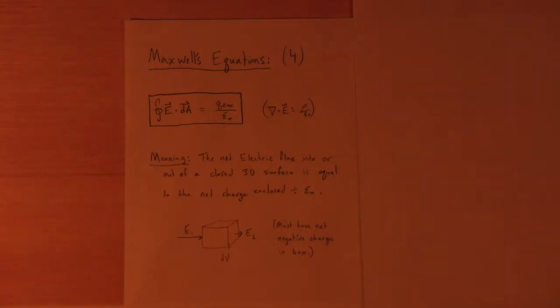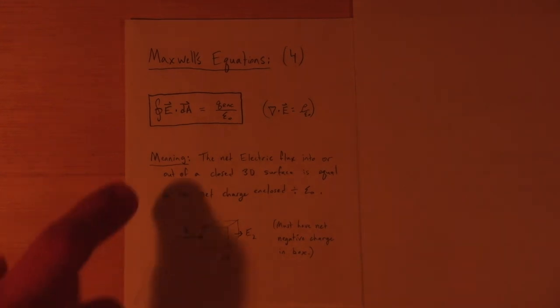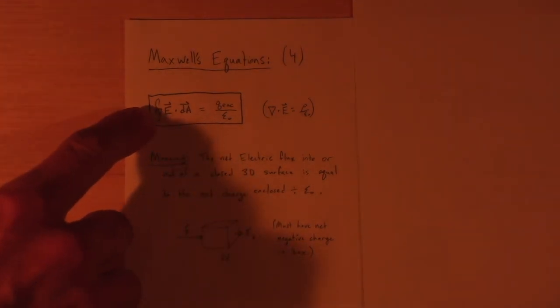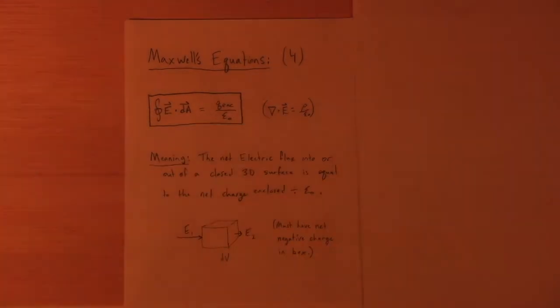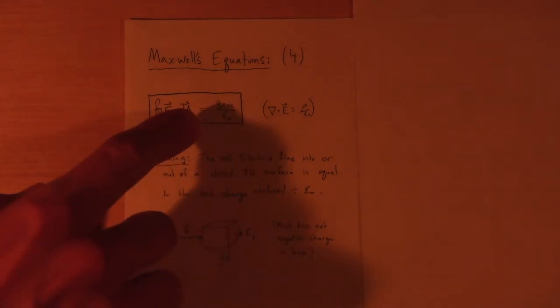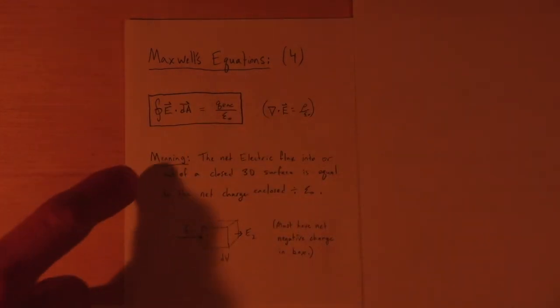We know that an integral with a circle around it means that it's an integral over a surface that encloses, like a box or a coffee can, blocks off a volume from the rest of space. And so you integrate the electric field that's coming into or out of that surface, and the answer is Q enclosed over epsilon 0. So electric flux into or out of a 3D surface is caused by net charge enclosed in the surface. So that's the meaning here.